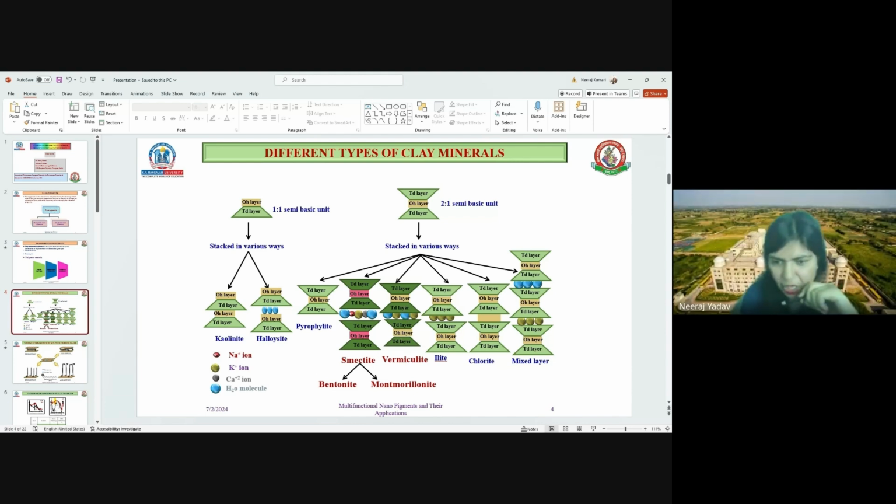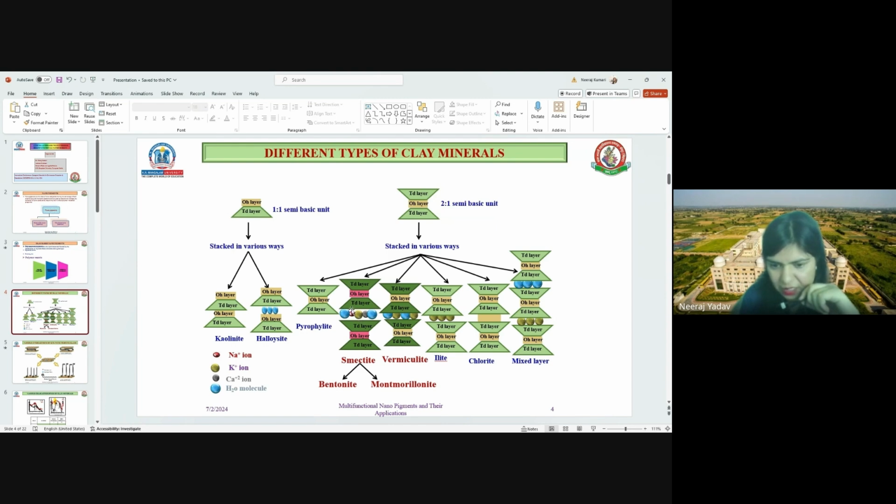Okay. Thank you. So, in case of the 2:1 group of clay minerals, one octahedral layer is sandwiched between two tetrahedral layers. You can see, and these are examples of the 2:1 group of clay minerals like pyrophyllite, smectite, vermiculite, illite. And in case of the smectite group of clay minerals, the interlayer space is found to be maximum.